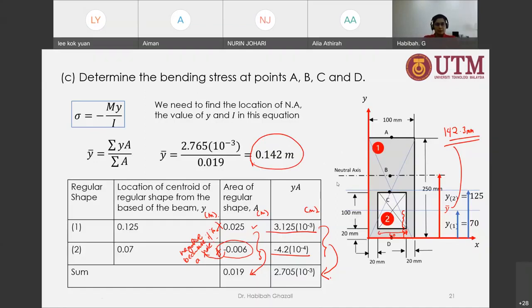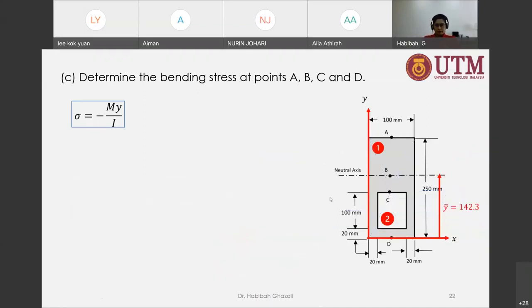Okay. Now we have determined our neutral axis. So we find out our neutral axis is located at 142.3 from the base of the materials. So we can now locate our Y. So for A, B, C, and D, that point A, B, C, and D, we can now get that distance.